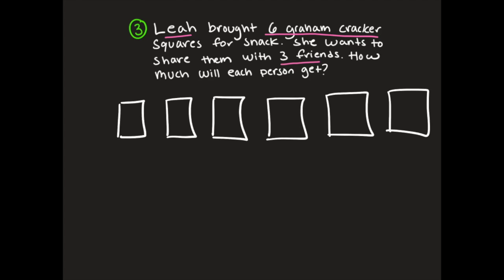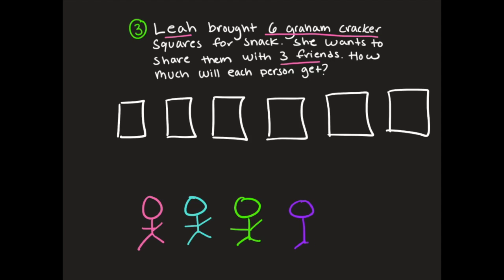So I'm going to draw a picture. Here is Leah. Here's friend number 1. Here's friend number 2. And then here is friend number 3. Okay, so I want to know how much of these graham cracker squares, if we're going to cut it all the way equally, how much will each person get?